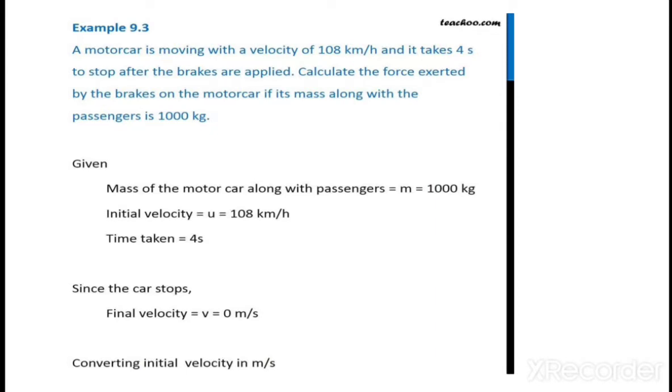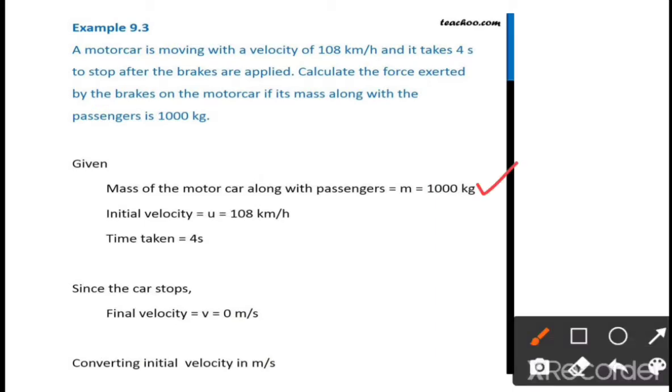So the mass of the motor car along with the passenger is m equal to 1000 kilogram. Initial velocity is 108 km per hour. The time is 4 seconds. The final velocity is 0 because after applying the brake, the object does not move. So the final velocity is 0 meter per second.